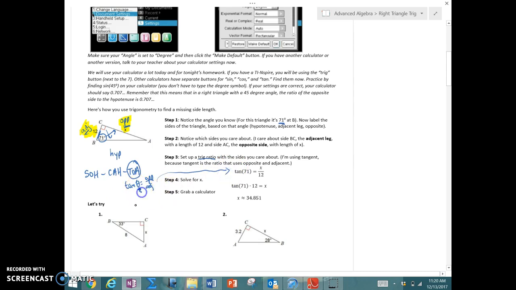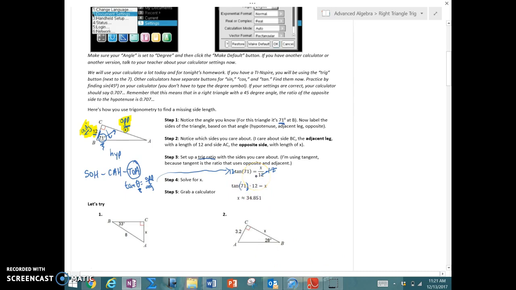Tangent of what? Theta is the angle we're talking about. So that's why we do tangent of 71 equals opposite, which in this case is just x, over adjacent, which is 12. So we set that up, and then to solve for x, I would multiply both sides by 12. Notice that I put the 12 in front. In step 4, when we solve for x, it has tangent of 71 times 12. These parentheses are critical if you do it that way.